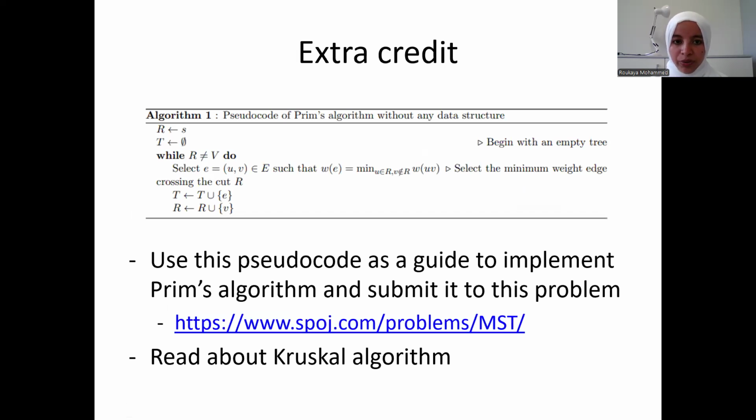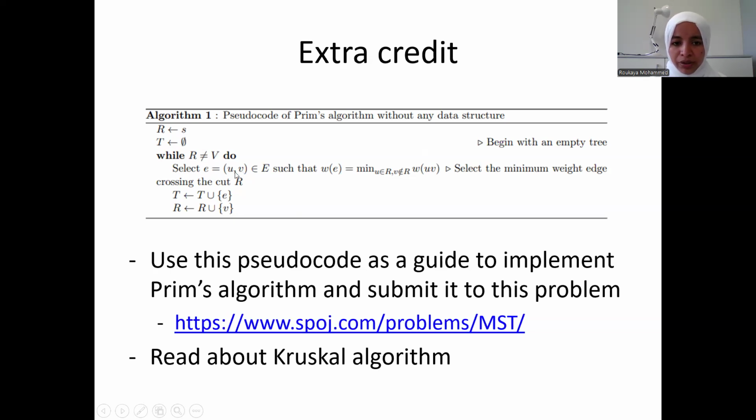And now for extra credit, I have this snippet of pseudocode of Prim's algorithm. It's basically the same thing. We start with having MST at vertex S, which is our starting point. We have no edges yet, so our T is empty. We continue until we have all the vertices that are in the original graph.